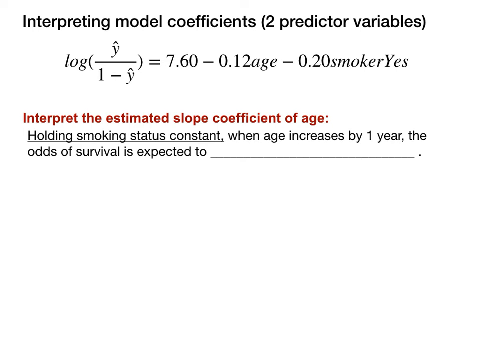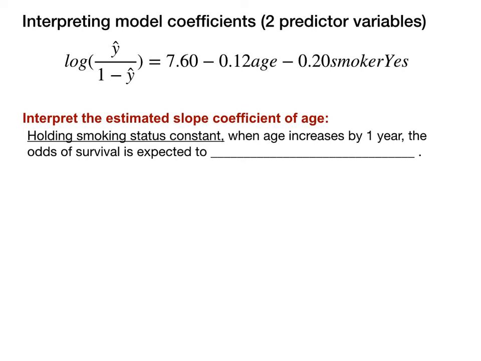Just like in multiple linear regression, you have to say holding other variables constant. Here that is smoking status. And when we increase x by 1 year, age increases by 1 year, the odds of survival is expected to.